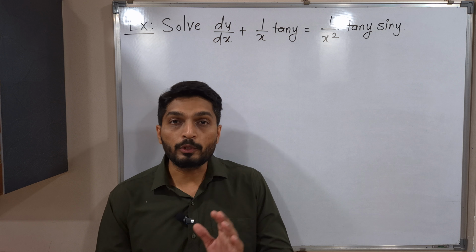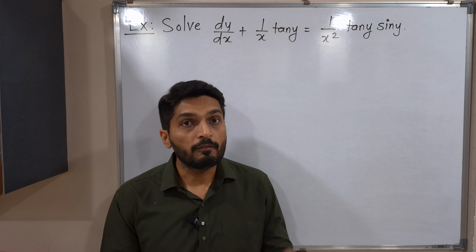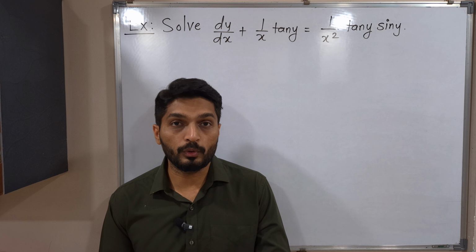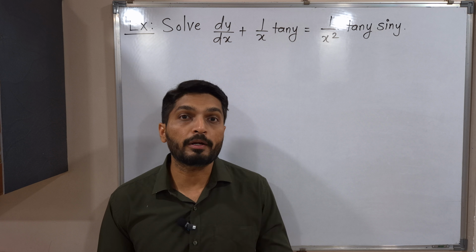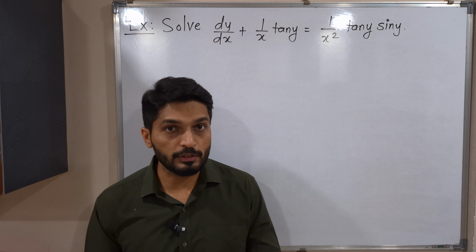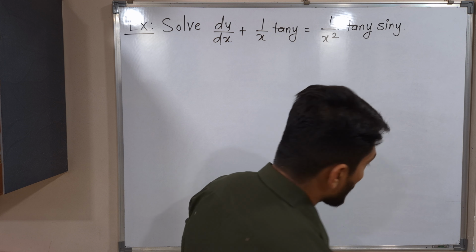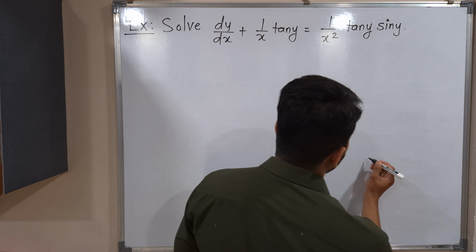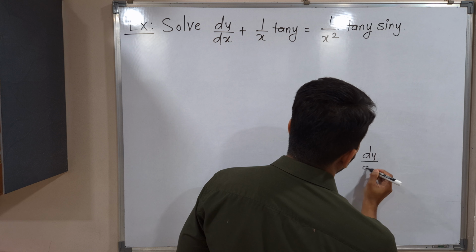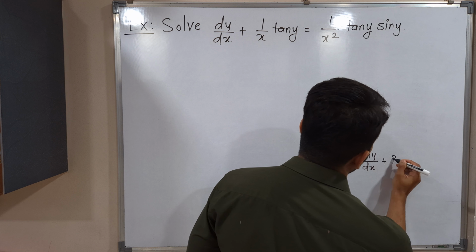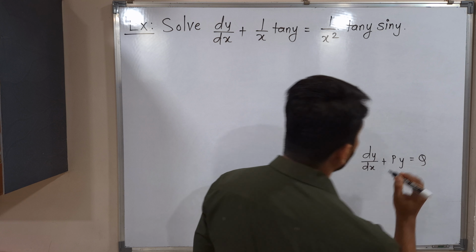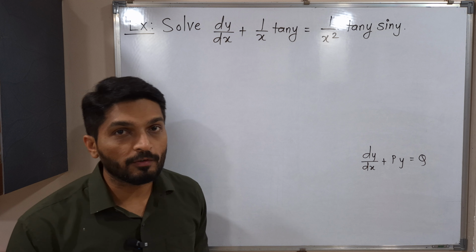Okay. So when you have any random example, first of all you should note down what is the standard format of first order linear differential equation. Okay, so let me write here dy by dx plus py is equal to q, where p and q are functions of x only.